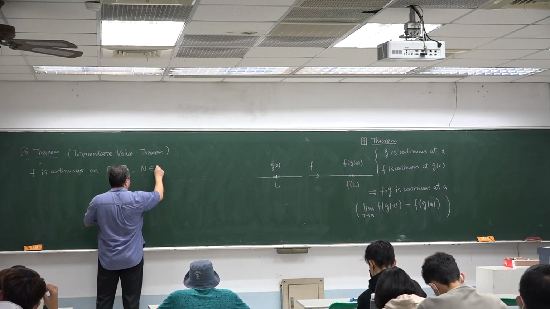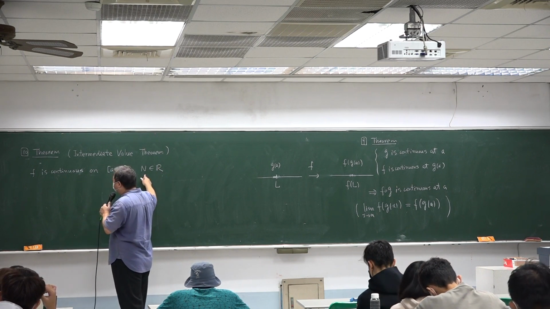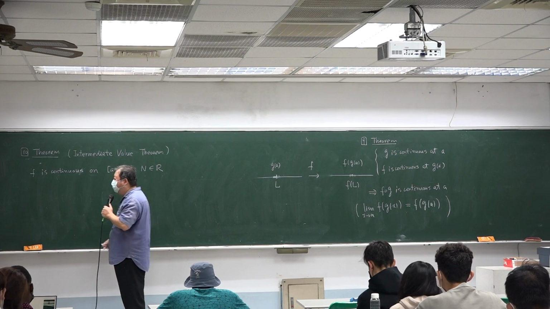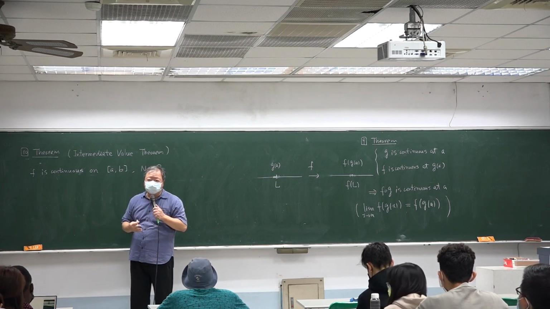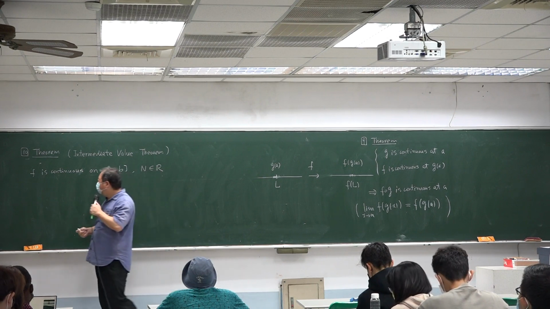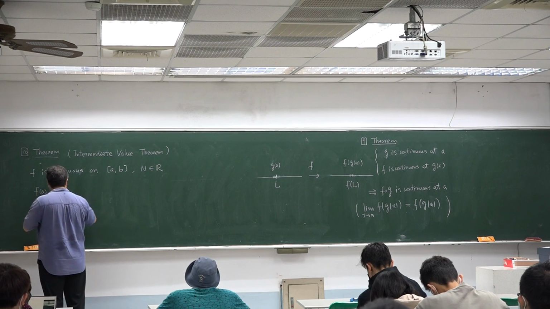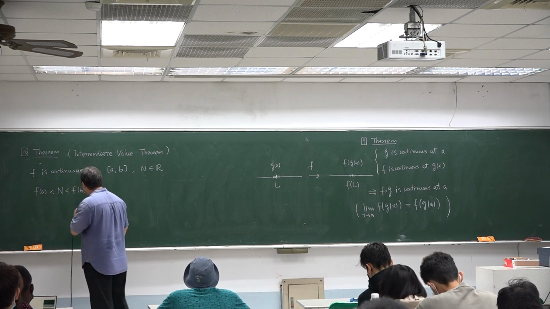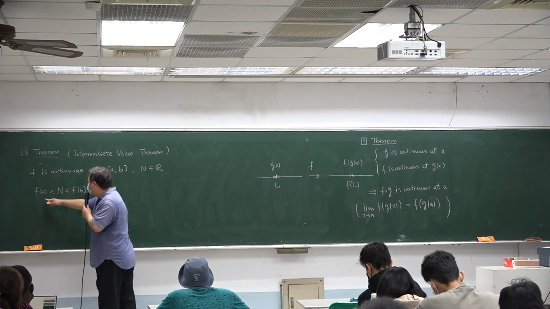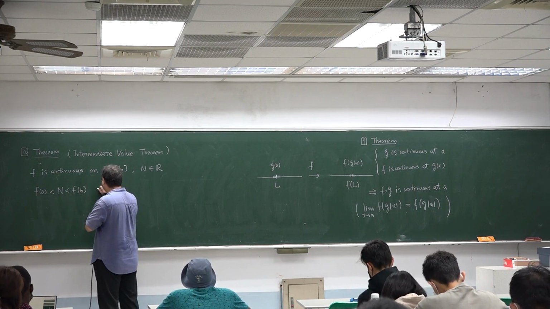is a real number. The number capital N between f of A and f of B. Between. So there are two possibilities. One, if f of A is smaller than f of B, and N between f of A and f of B is exactly this relation.